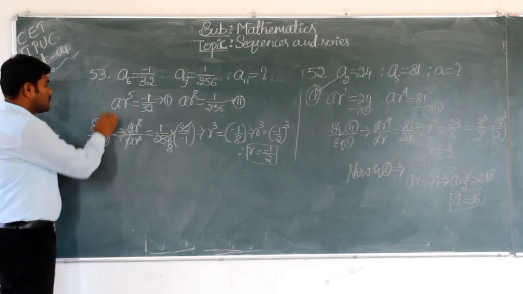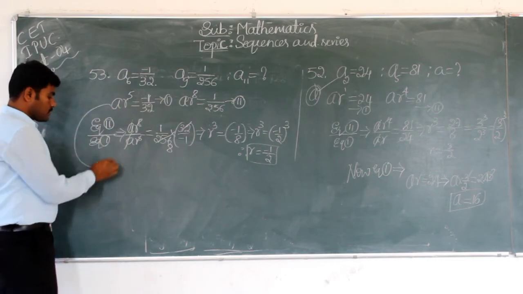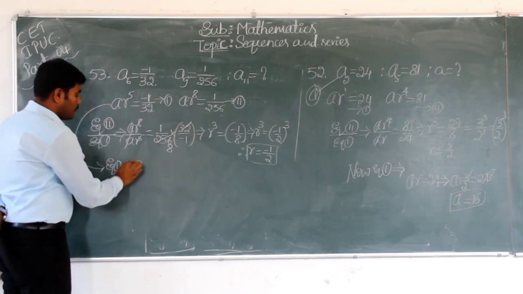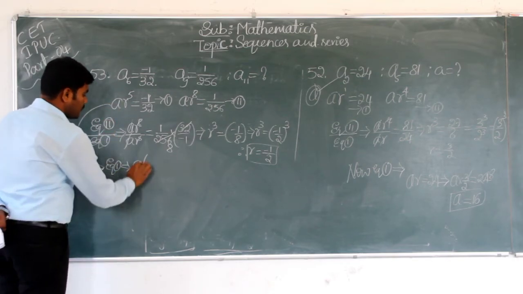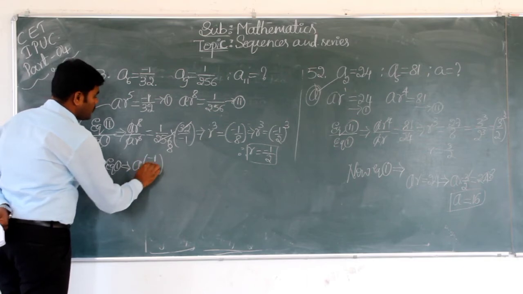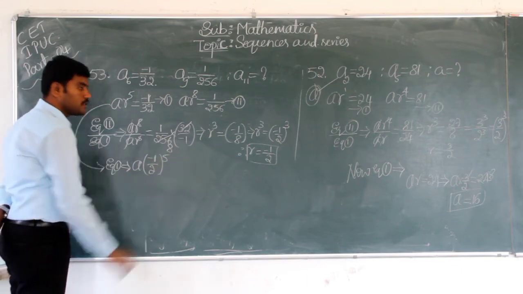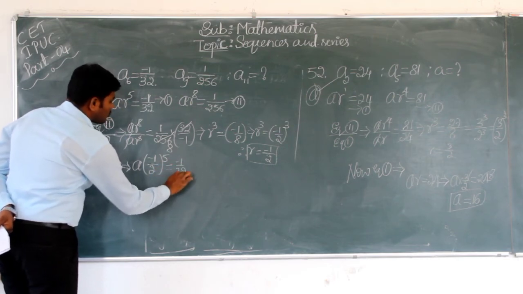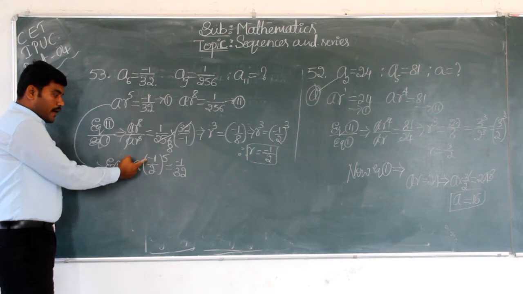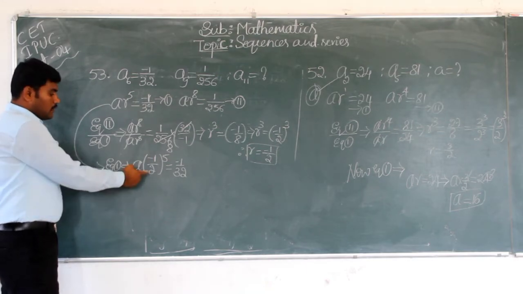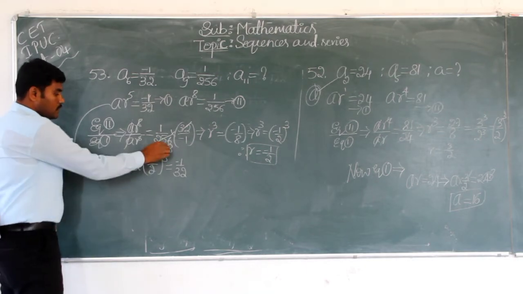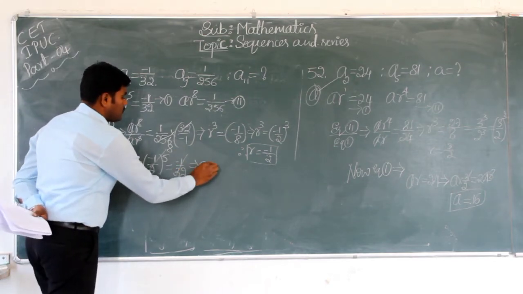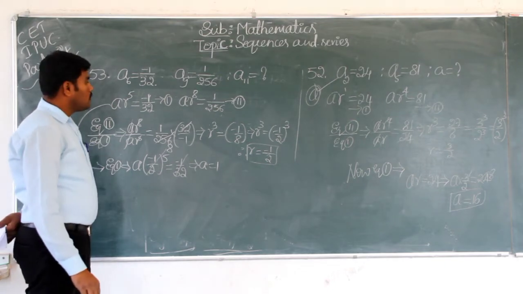Substitute, now again equation first becomes A into r to the power of 5, written as minus 1 by 2 to the power of 5, is equal to minus 1 by 32. See here, minus 1 power 5 becomes minus 1, 2 power 5 is 32. These two will cancel. A is equal to 1.